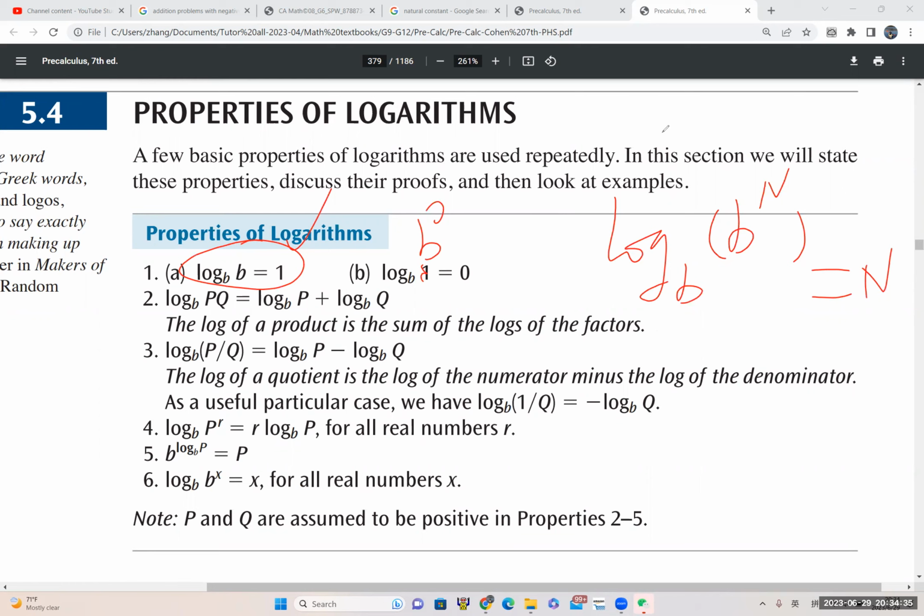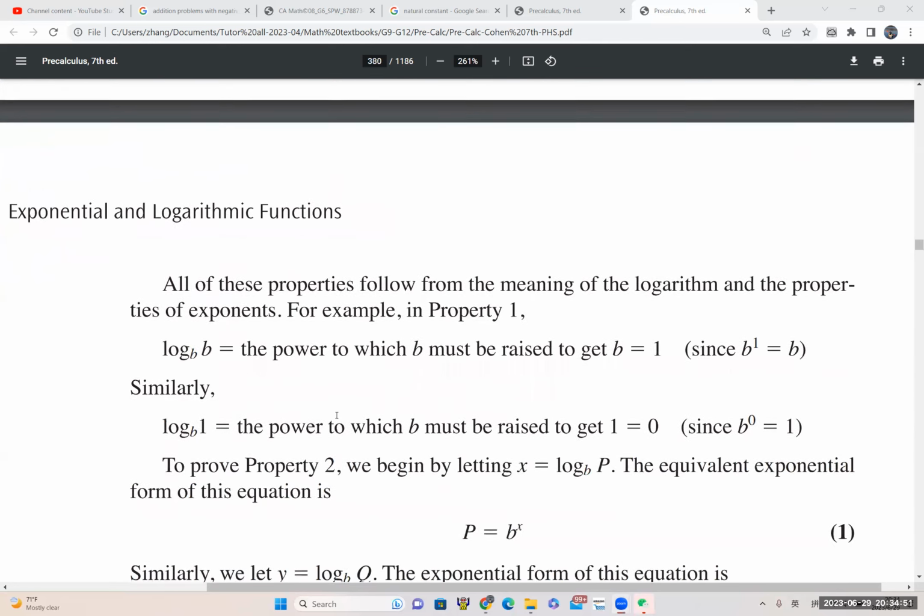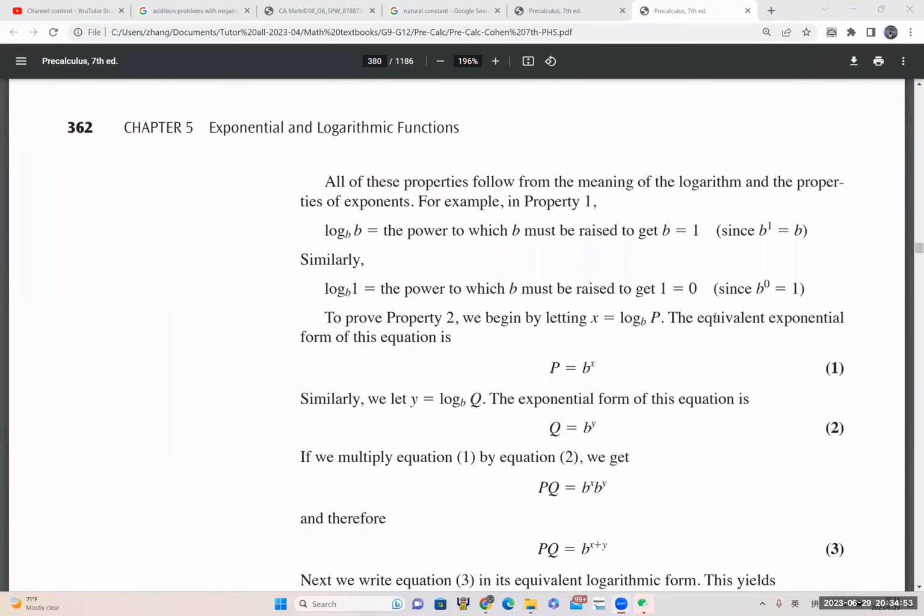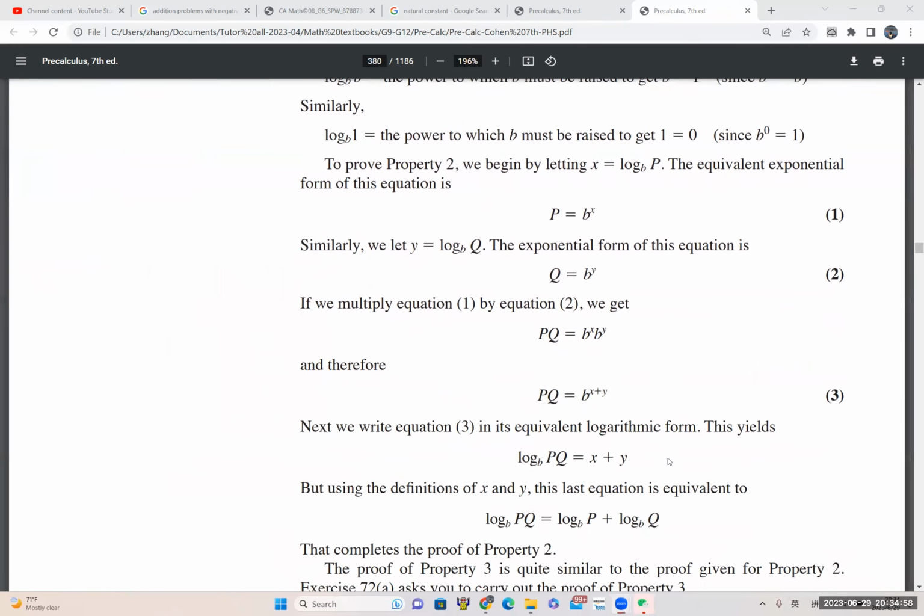For this, a few people will discuss their proof and then look at an example. Let me see, is there a proof? Yeah, they mentioned it.